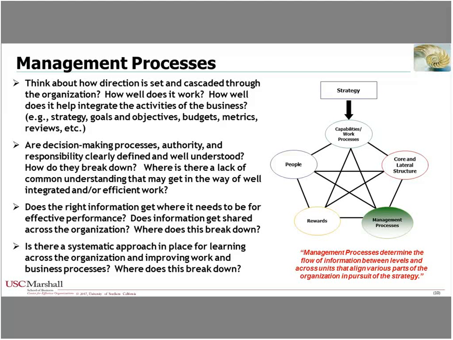So there's a whole set of processes related to management processes that have to do with making sure the organization has a way of allocating resources and placing those resources against the strategy. So we'll talk about strategic planning and direction setting and things like that.